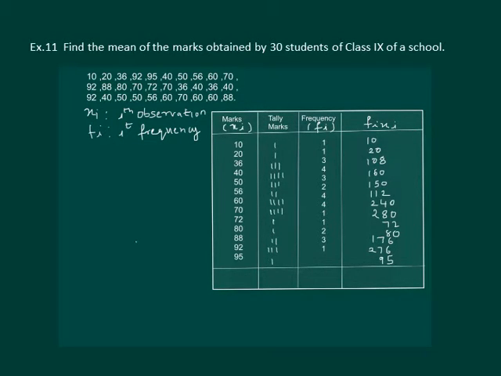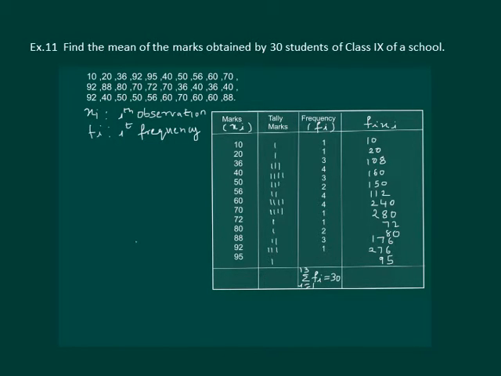We know that the sum of the frequencies is 30 since we had data of 30 students. So we can write that as sigma i varying from 1 to 13 fi equal to 30.